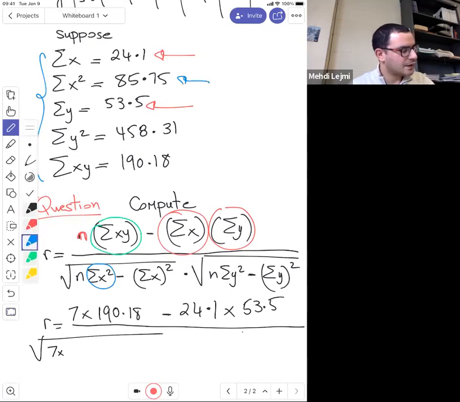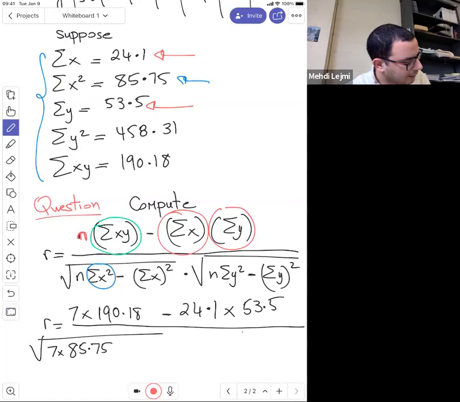Thank you. So that's 85.75 minus, and then you see there is this parenthesis and there is a square outside. Just be careful here. You need to write down your parentheses. There's a square outside, and inside there's the sum of the x's. That will be this number right here, the 24.1.